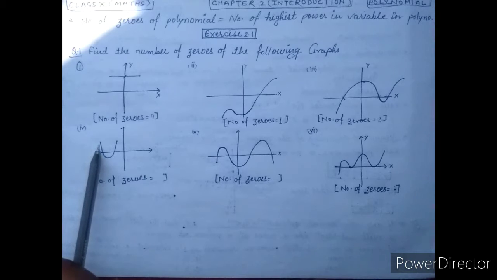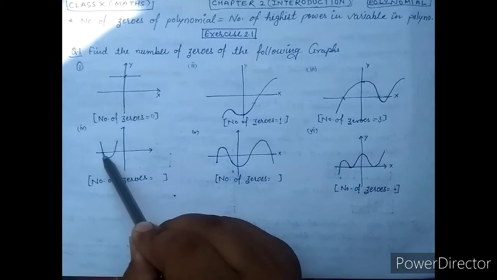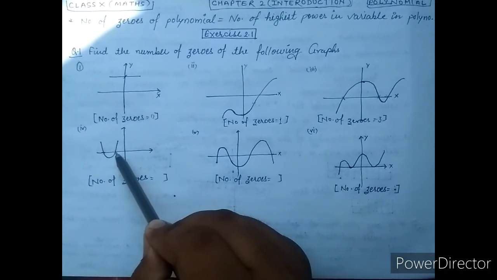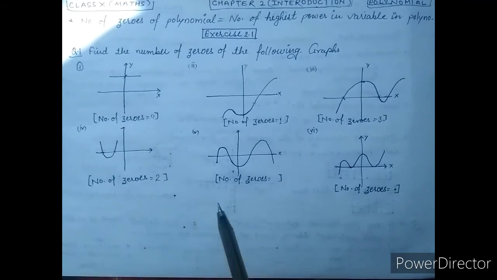And again, this graph, a curve, starts from here and intersects the x-axis at this point and this point. It is intersecting at 2 points, that's why the number of zeros will be 2.